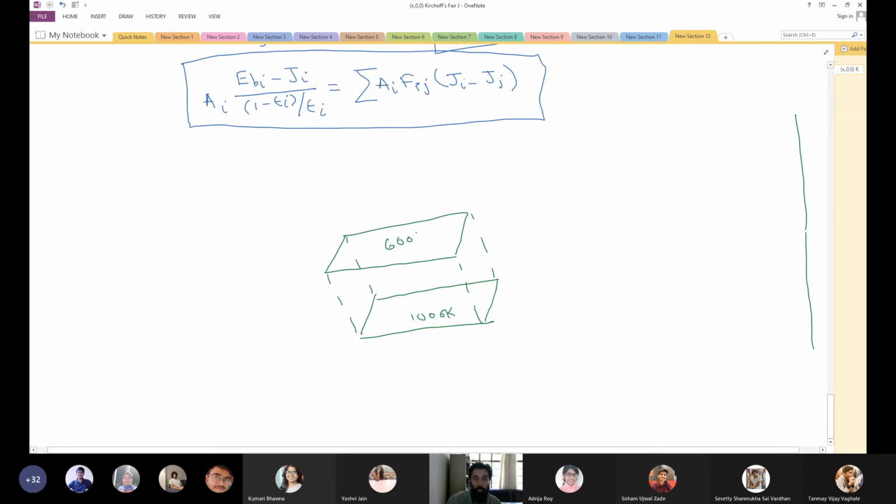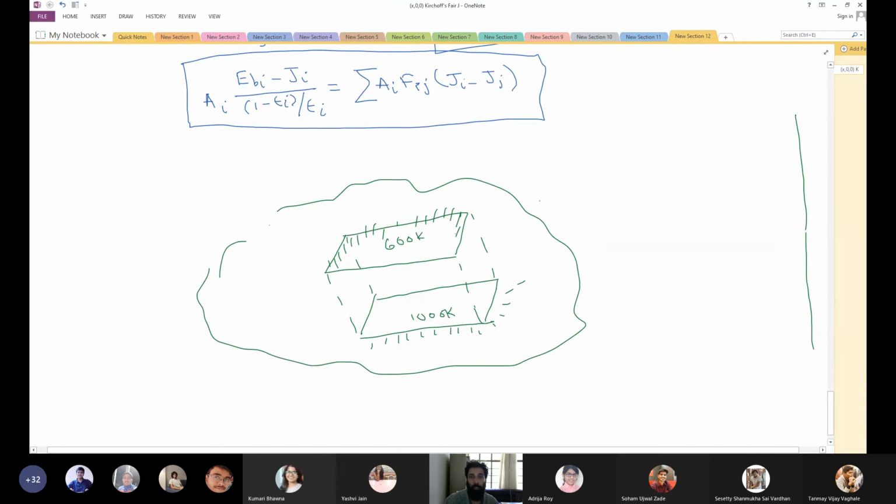The surface is at 600 Kelvin. These sides are insulated. These sides are insulated. And there is a surface of the room, which is a black body at 300 Kelvin. So this is 1, this is 2, this is 3.